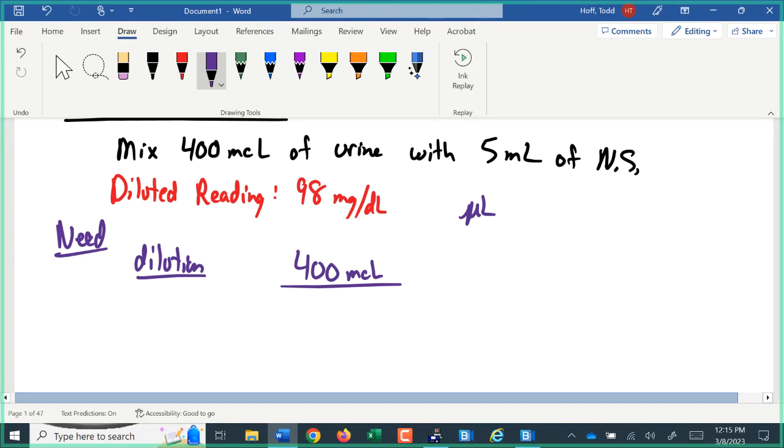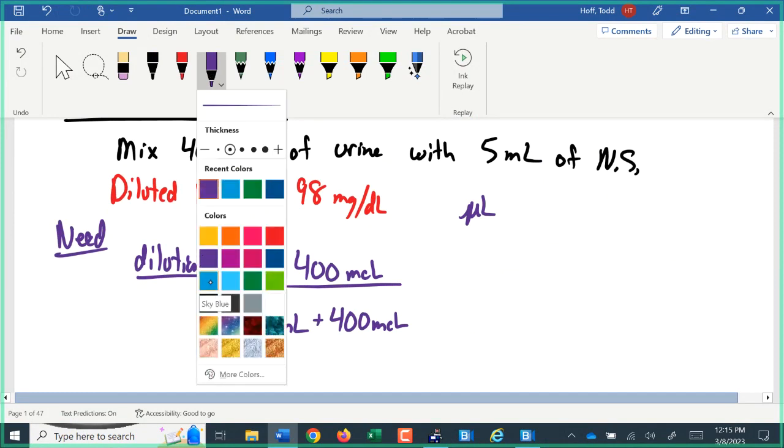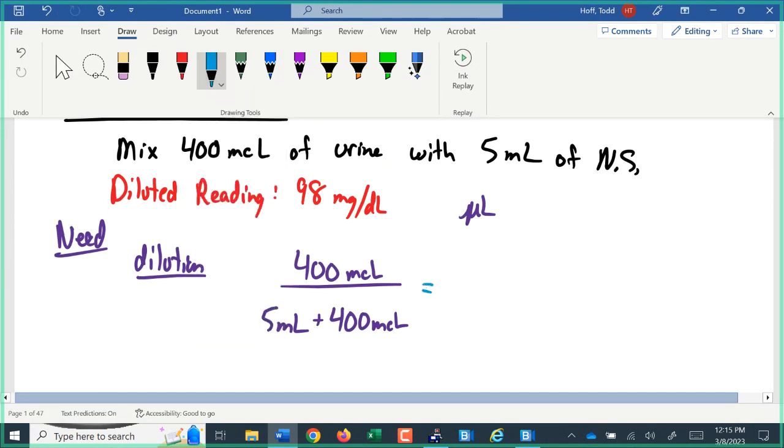Over, now here's where we have to remember, it's the 5 milliliters of saline plus the 400 microliters of the urine. So the first thing we have to do is change microliters into milliliters. 400 microliters is 0.4 milliliters. So then we have 5 milliliters plus 0.4 milliliters for our total.